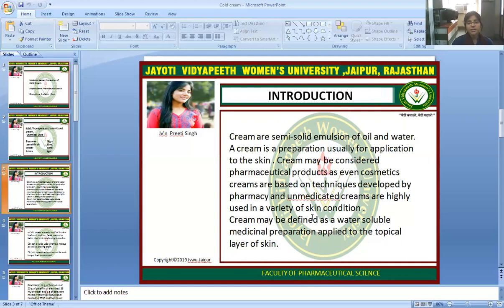Cream may be considered a pharmaceutical product, as even cosmetic creams are based on techniques developed by pharmacy, and unmedicated creams are highly used in a variety of skin conditions. Cream may be defined as a water-soluble medicinal preparation applied to the topical layer of skin.